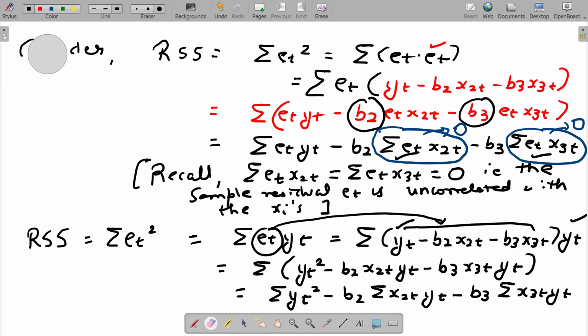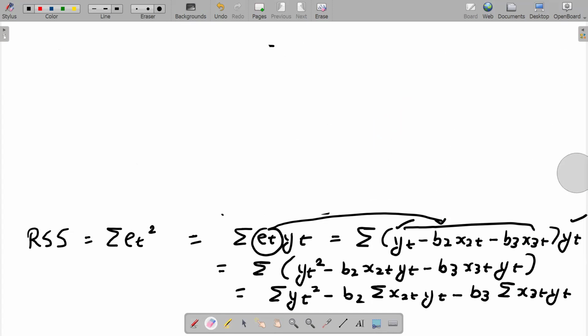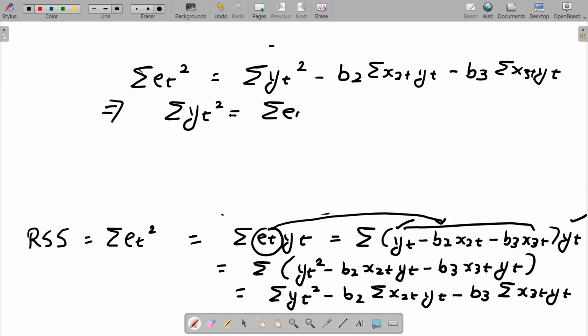So if I erase the initial portion, students can see we have almost got the result. So I have summation et square as summation yt square minus b2 summation x2t yt minus b3 summation x3t yt. So I can write summation yt square as summation et square plus b2 summation x2t yt plus b3 summation x3t yt.